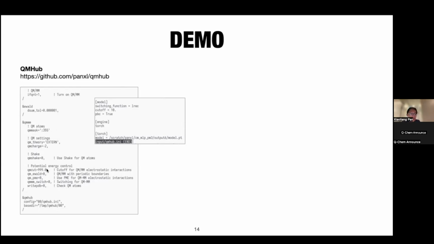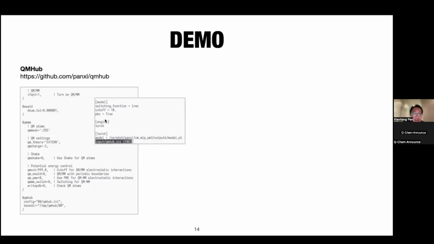The reason is that the QM/MM interaction division is handled inside QMHub, so we want Amber to give the full system to QMHub. We also want to turn off the QMMM PME in Amber, because these are also handled inside QMHub.